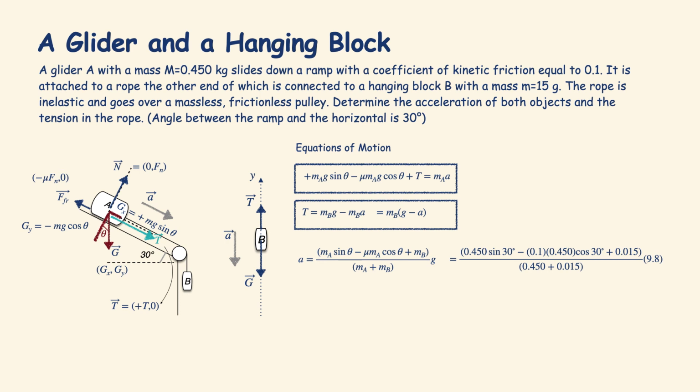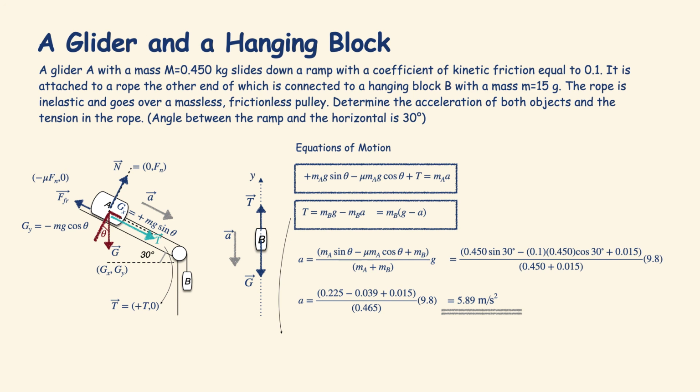What is remaining here is just to plug in all the given numeric values in the problem, and perform the calculations to find out that the numeric value for the magnitude of the acceleration of both objects is 5.89 meters per second squared. The second question about the tension will come from going back again to those equations of motion.